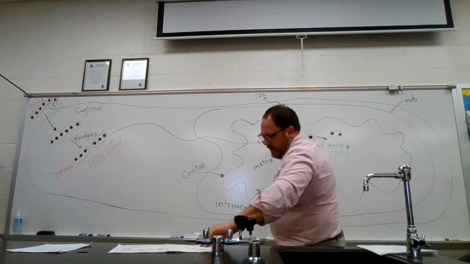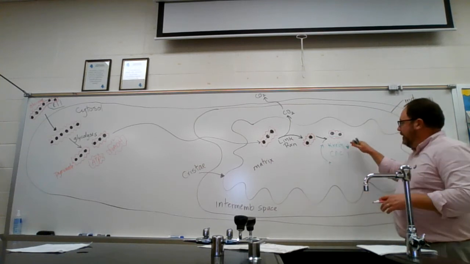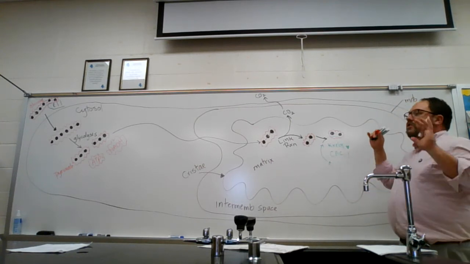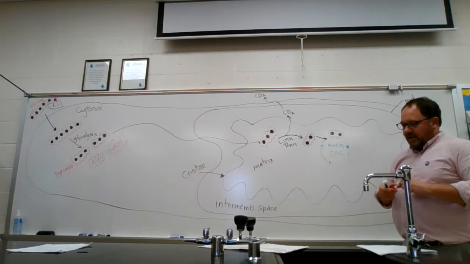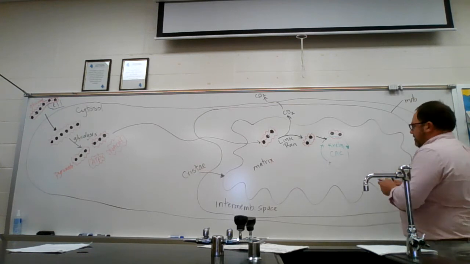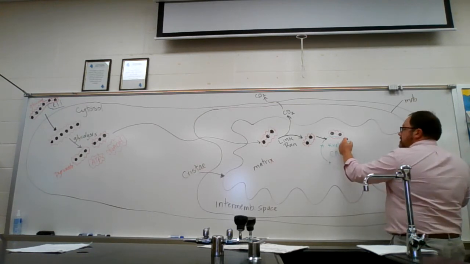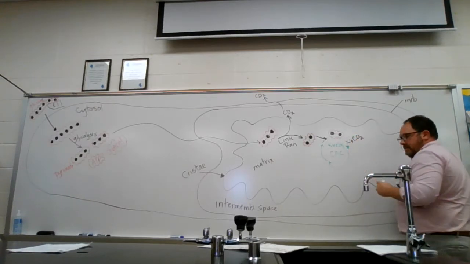Now, what happens with that is all sorts of rearrangements. There's a whole bunch of reactions that go on here. You don't need to memorize any of the enzymes, any of the intermediate products. All you need to know is sort of the general idea of what happens. What happens is you split off some of the carbon dioxide.